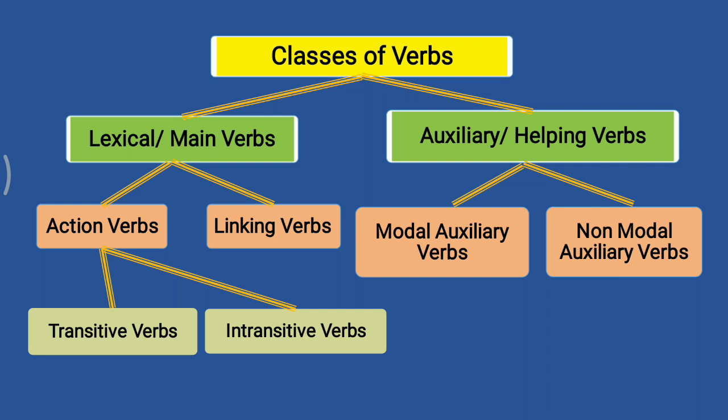Again, lexical verbs can be divided into action verbs and linking verbs. And again, action verbs can be classified as transitive verbs and intransitive verbs. On the other hand, auxiliary or helping verbs can be classified as modal auxiliary verbs and non-modal auxiliary verbs. Let's discuss one by one.